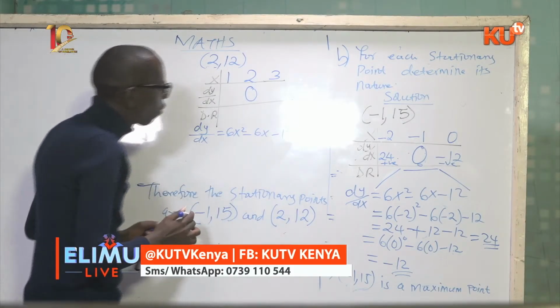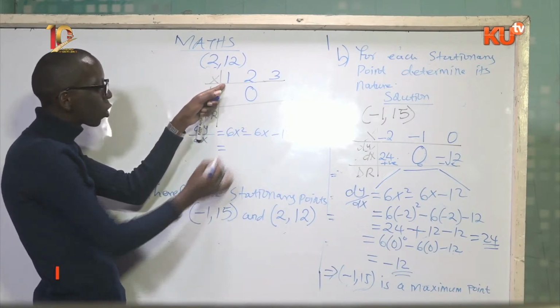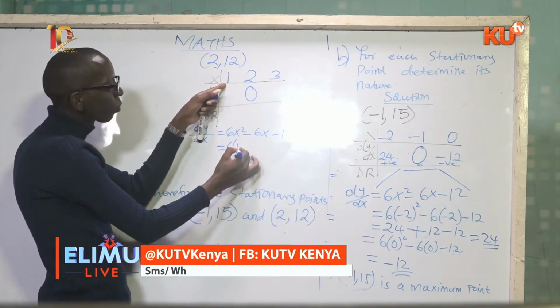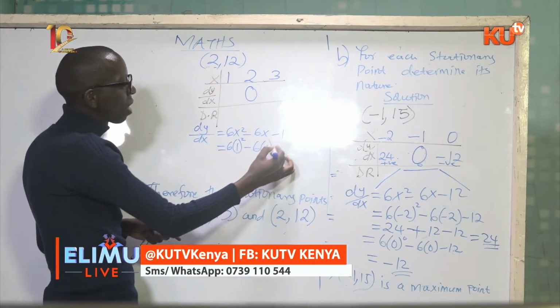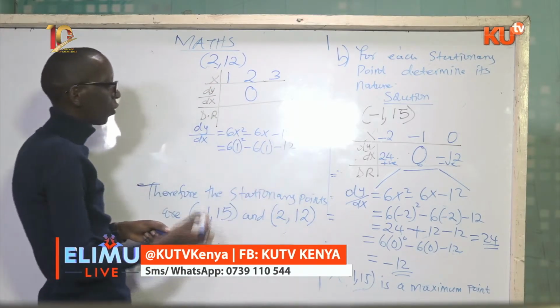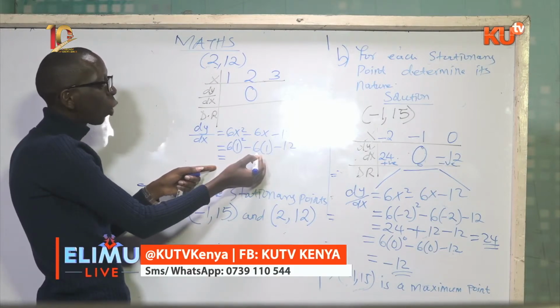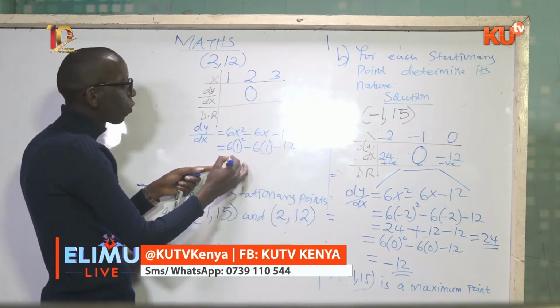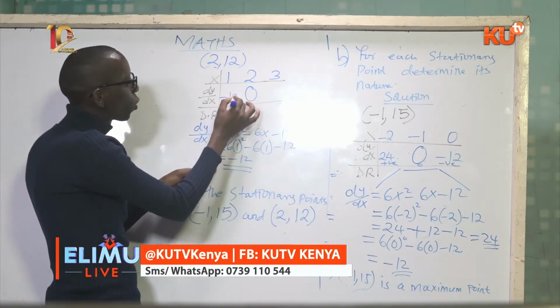Where we have x, we substitute with 1. So we'll have 6 times 1 squared minus 6 times 1 minus 12. So 6 minus 6 is 0. 0 minus 12, negative 12. You write there negative 12.